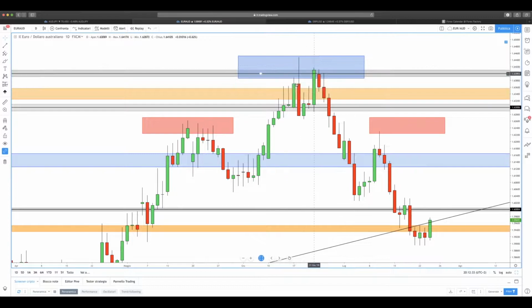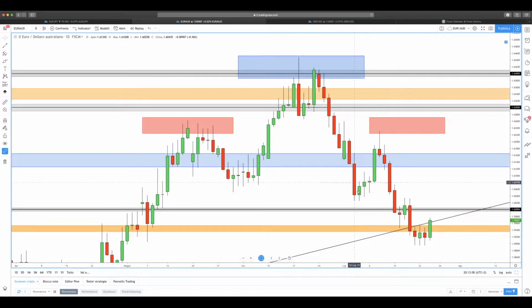The price failed to go higher the first time. Then another attempt to break this key level, but the price gave us another false break, because here the price closed the daily candle above this key level but failed to go higher, and from this point started a strong bearish movement that brought the price to almost touch 1.60.